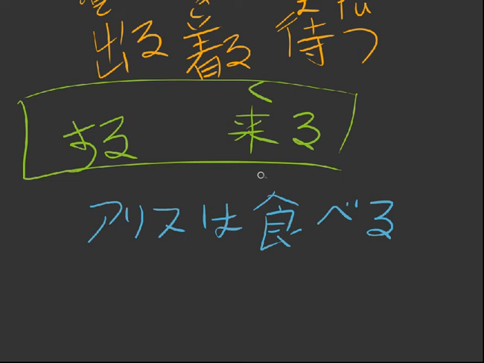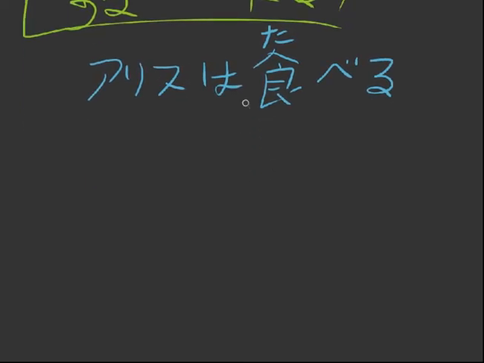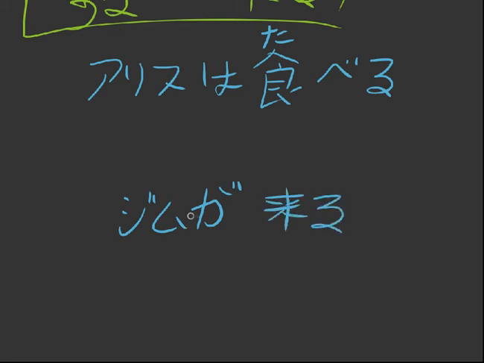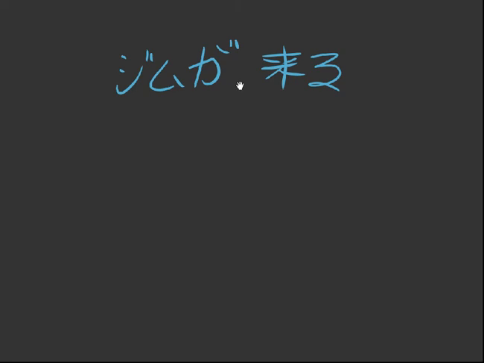This is Arisu wa taberu. As for Alice, eat. Okay, this is Jimu ga kuru. Jim is the one that comes.